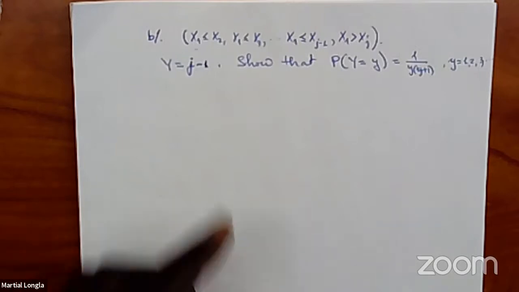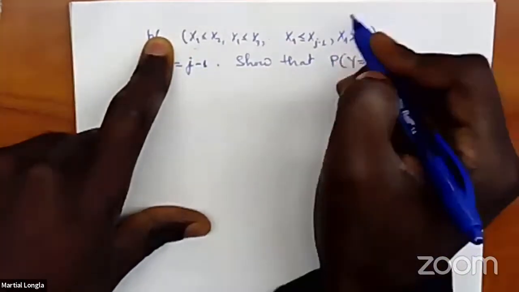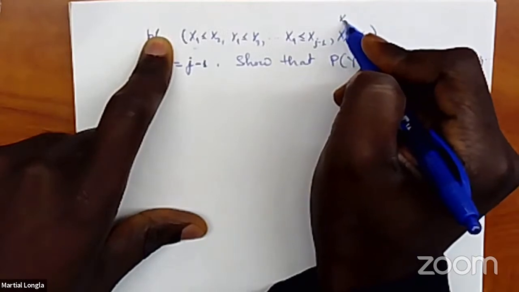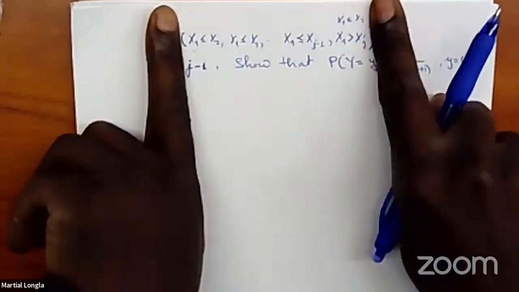So this event here, if I flip just this, x1 less than or equal to xj, then I'm getting an event of the first kind.